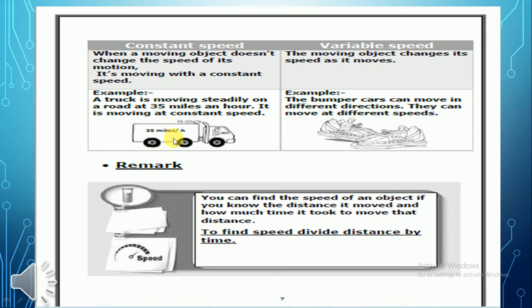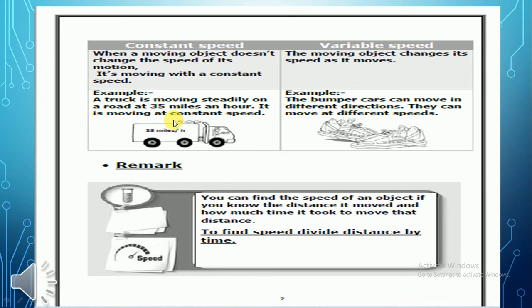Each hour, it doesn't change. We can't have 35 in one hour, then 30 the next hour. No. Each hour, this truck moves 35 miles on the road. So this is constant speed.